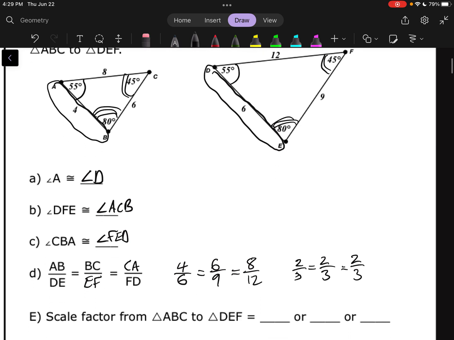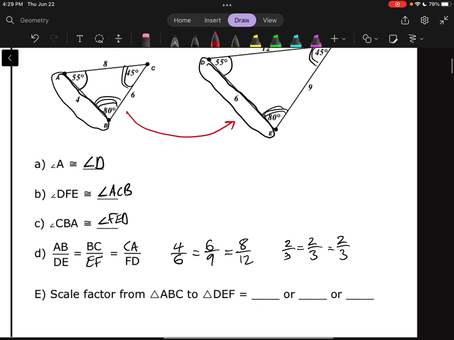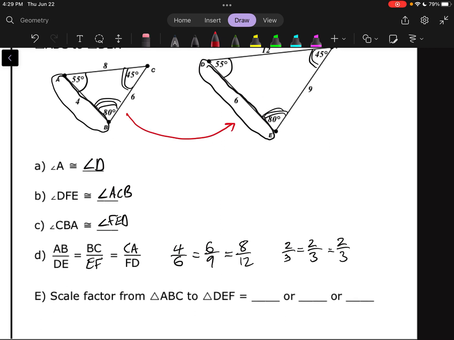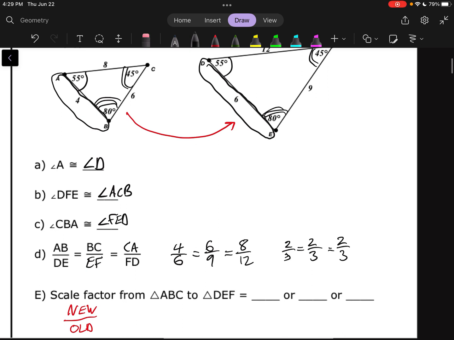Now this last part says scale factor from ABC to DEF. So they're saying, hey, what's the scale factor going from this triangle to that triangle? Now in general, if you're trying to find the scale factor, you should be doing new divided by old. What I mean by that is a side on the new figure divided by the corresponding side on the old figure. So let's look at these corresponding sides, the 6 and the 4.